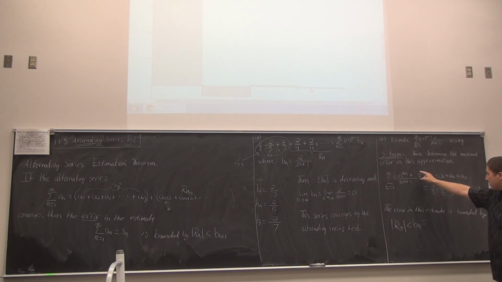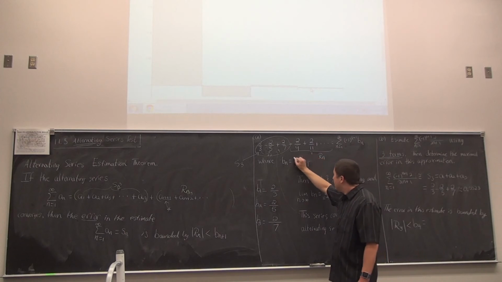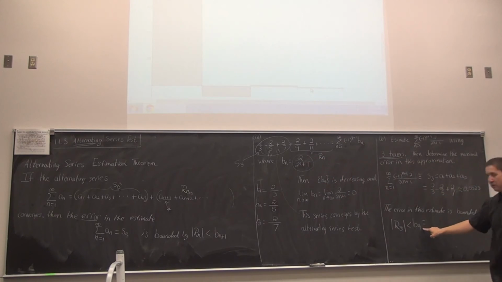We are going to always have positive. So keep in mind, if you didn't write this out, this has to always be a positive quantity because it's greater than something in absolute value. So we insert 4, we'd have 2 divided by 9. So it can't exceed 2/9. That's not too terrible.